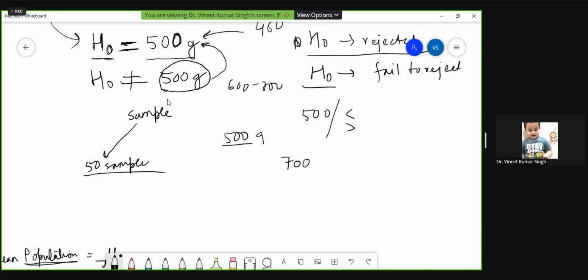So is there any bias of color? Suppose this is 20, some value, 15, 40, 25, and this is 35. So by looking into the data set, is there any bias of color between male and female? So this is one kind of test.